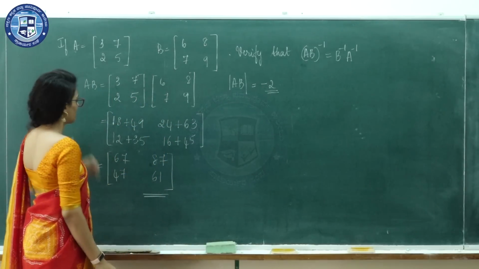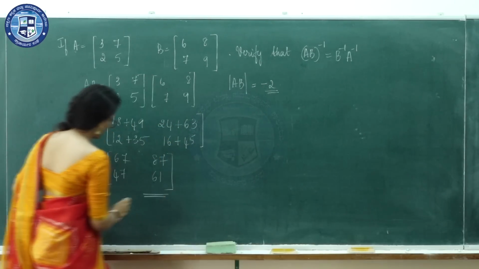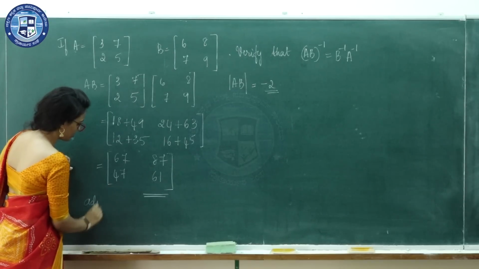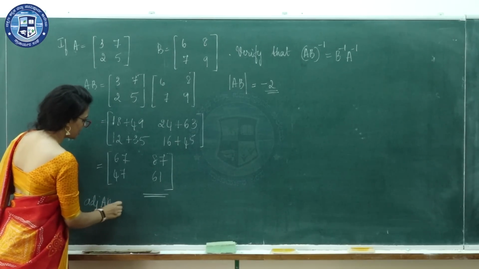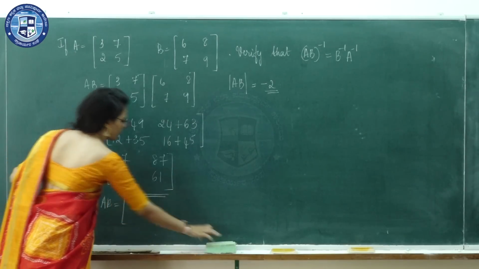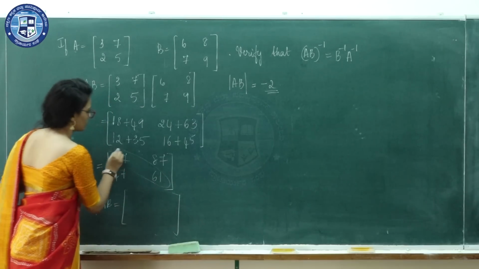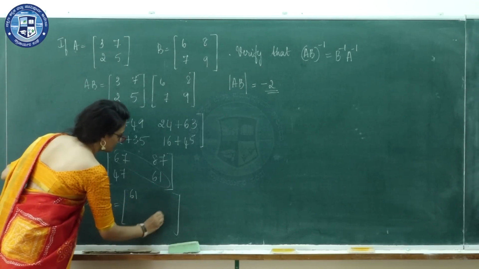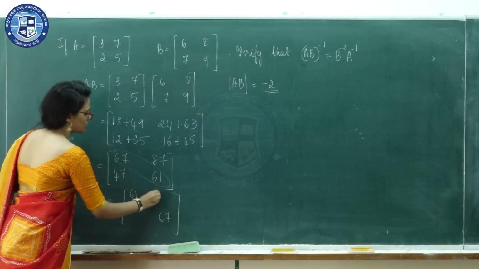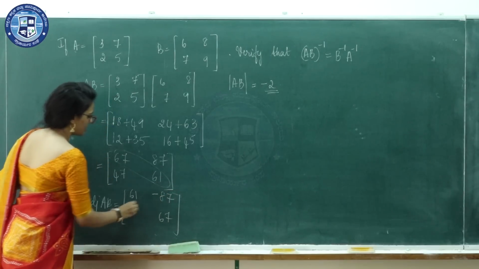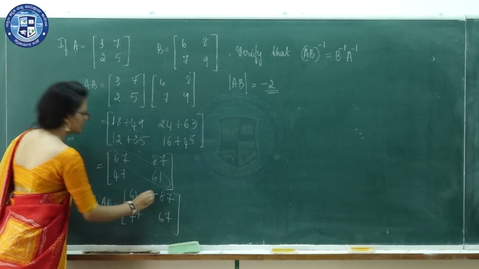Okay. Now, we need the adjoint. So, I will find the adjoint here itself. Adjoint of AB is equal to, we have to interchange these values. So, let us interchange, we get 61 and 67. Change the signs here, minus 87 and minus 47.